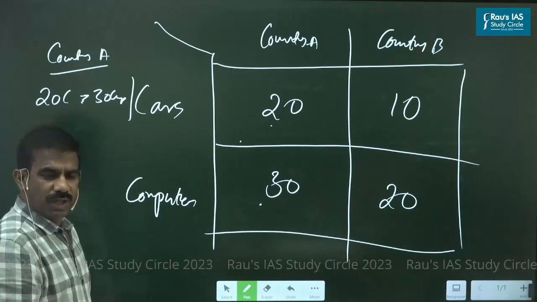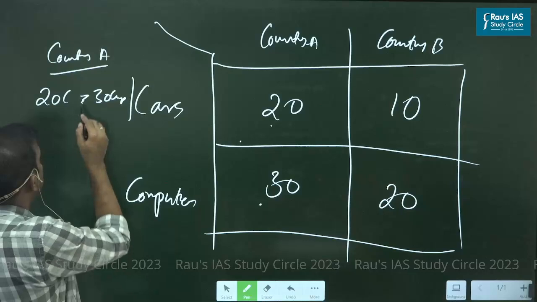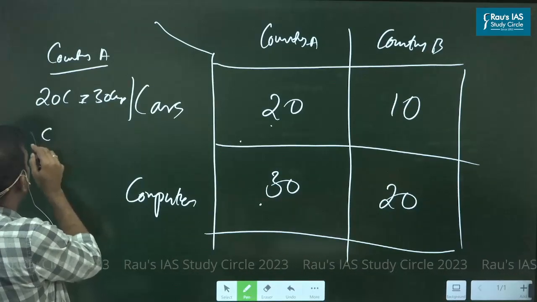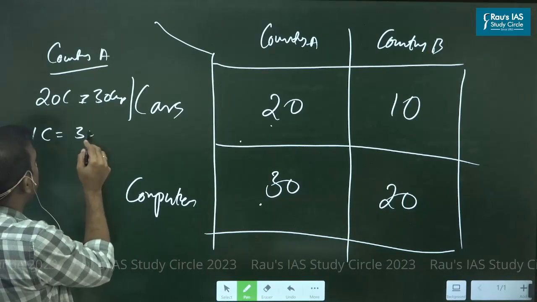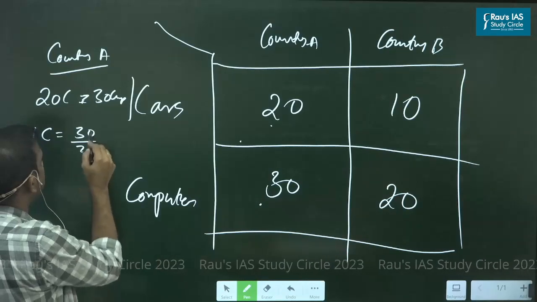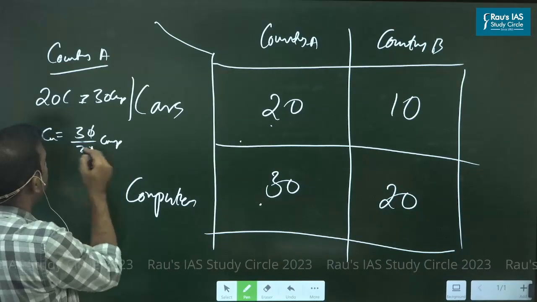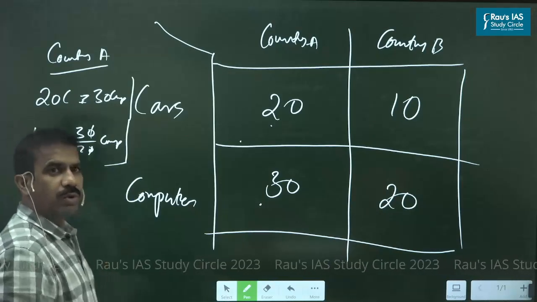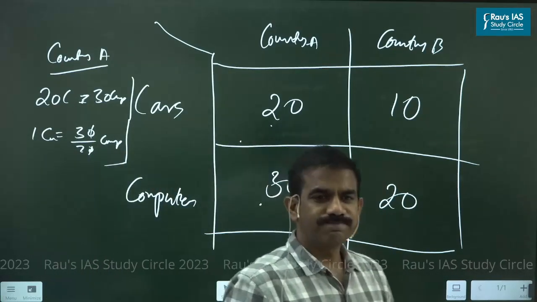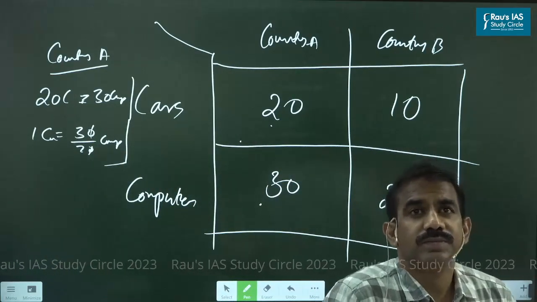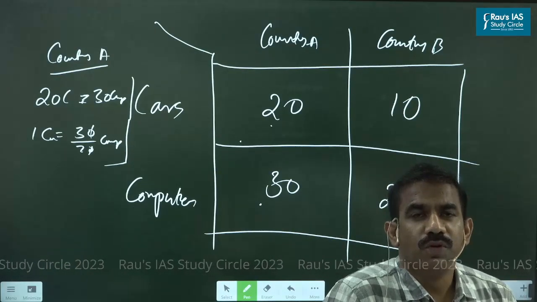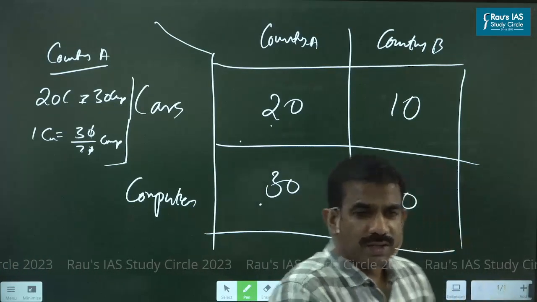So can I write this as one car of A is equal to 30 by 20, that is, 3 by 2 of a computer? Am I right? Yes, Minu, following? Can I write the same thing?